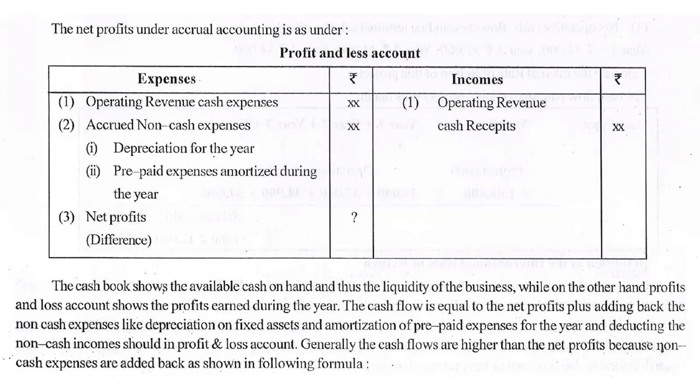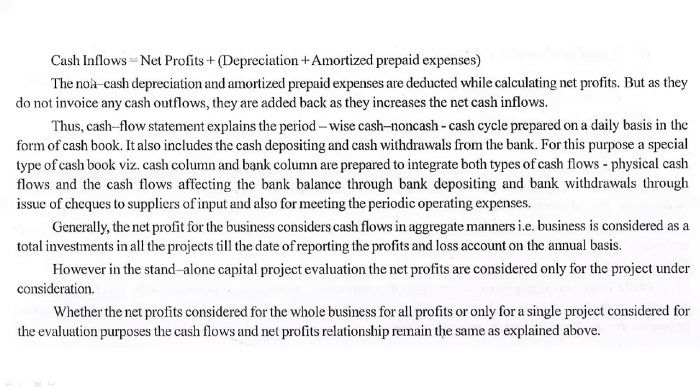Generally, the cash flow is higher than the net profit because non-cash expenses are added back. So we have to remember this formula: the cash inflow is equal to net profit plus depreciation plus amortized prepaid expenses.